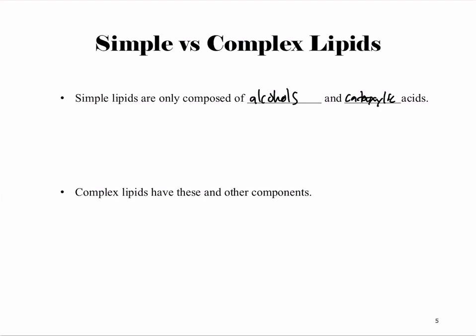One of the common ones: you saw that triglycerols fell into the category of simple lipid, and that is basically a glycerol, which is a trihydroxy alcohol. That would be something like CH2OH, CHOH, CH2OH.